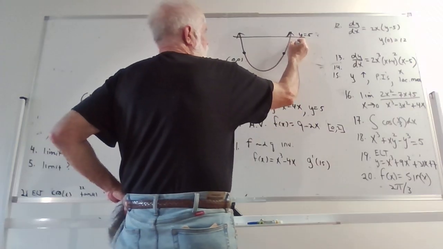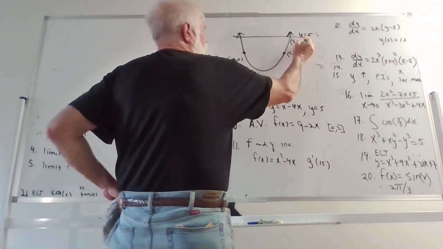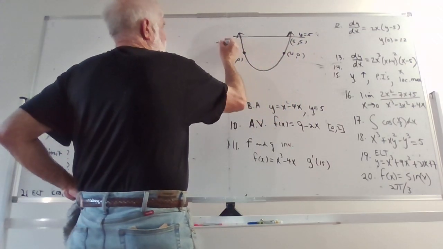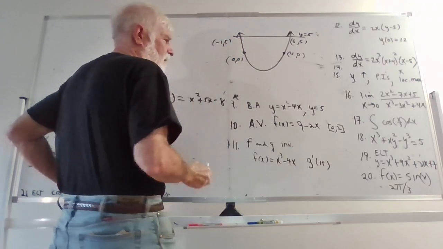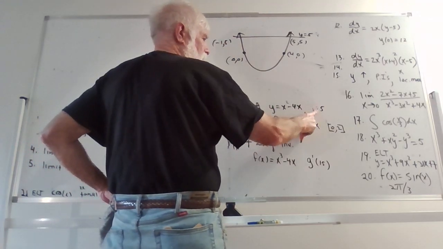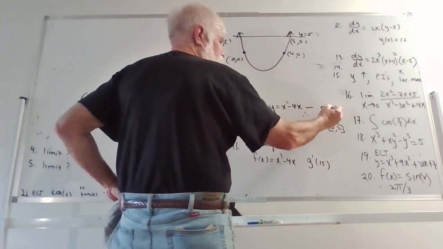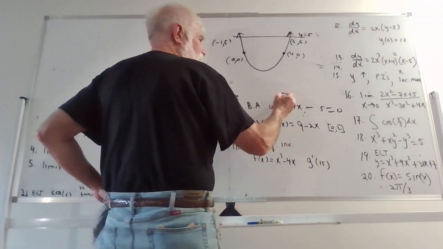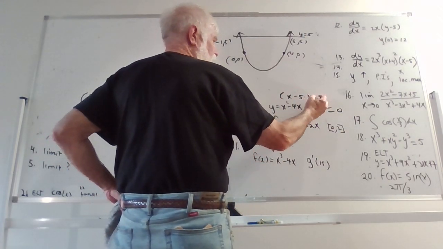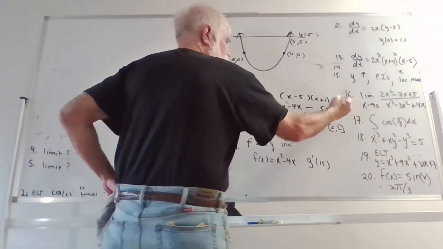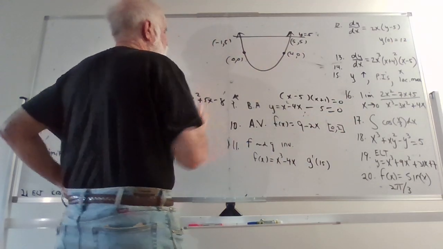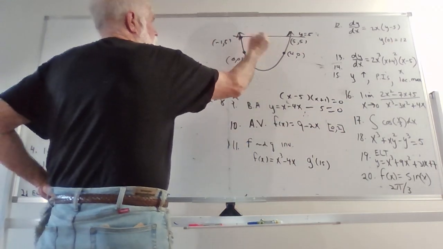So it probably intersects at (5, 5) and (-1, 5). And I think if we set this to 0, we can see the factoring that comes out of this. x minus 5, x plus 1 equals 0. So we now have our borders for integration from here to here.